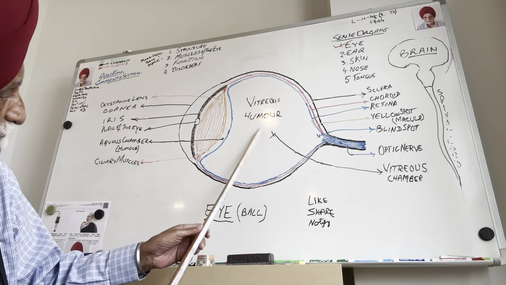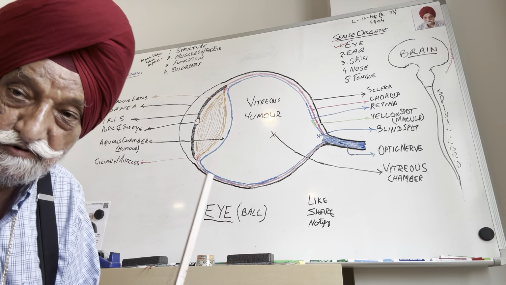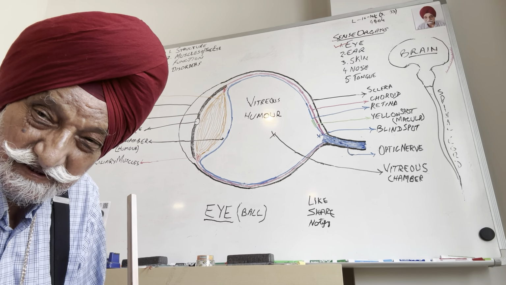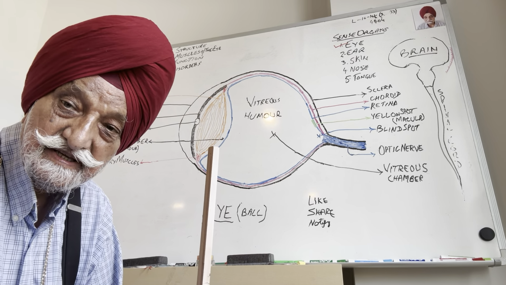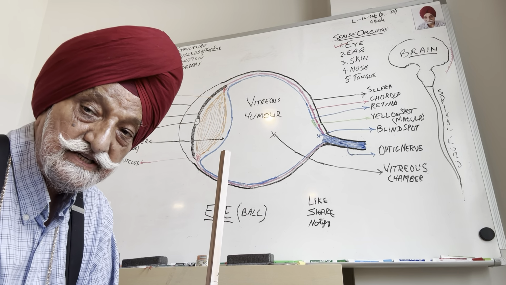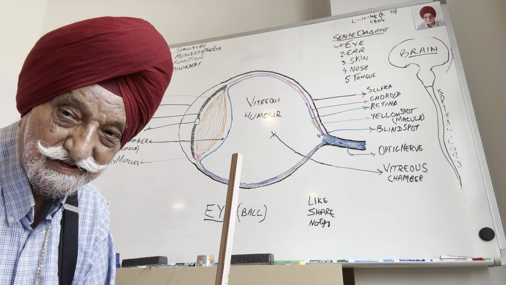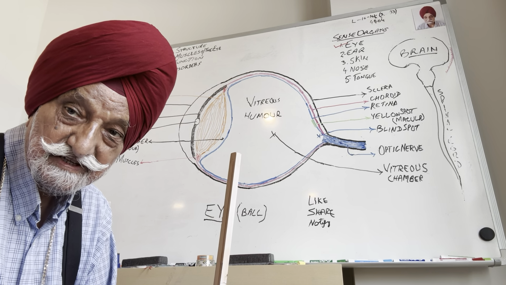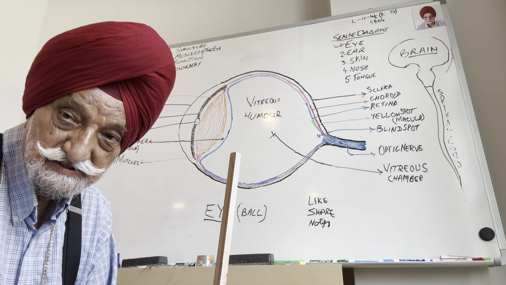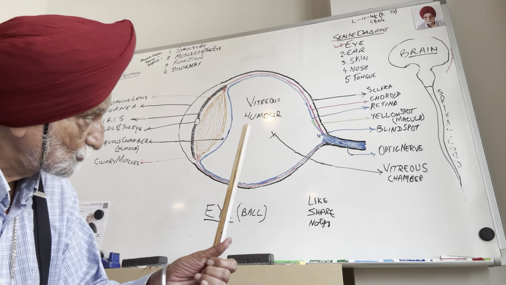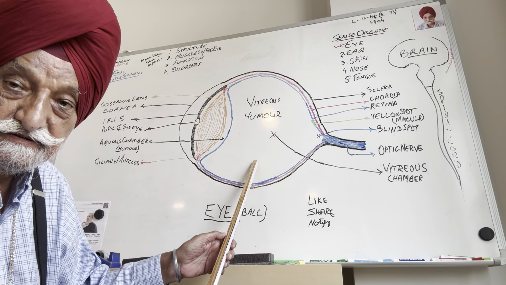The vitreous chamber is filled with a fluid which is transparent, and it is like the white of an egg. You could have seen that if I had brought it. I mean, if it had been a lesson in the classroom, I would have shown that. So it is just like the white of an egg.